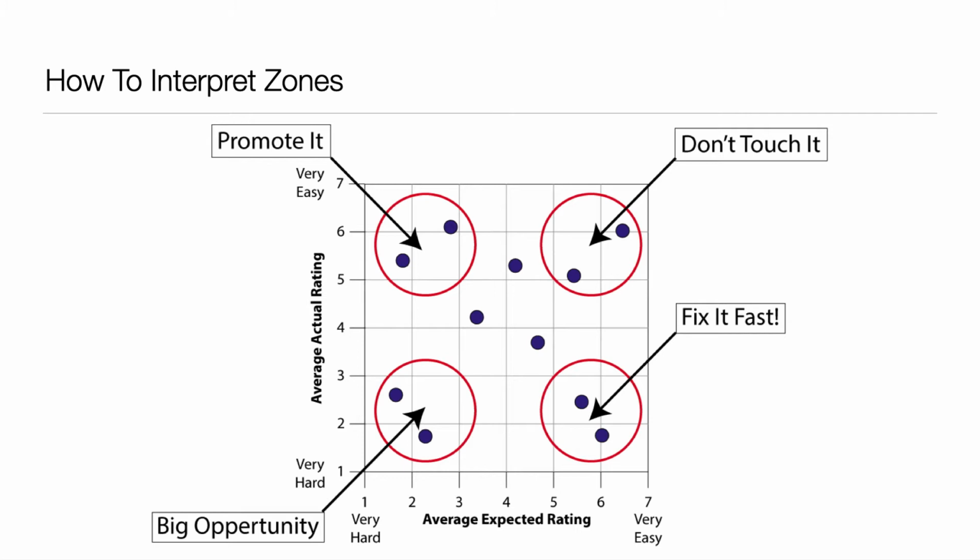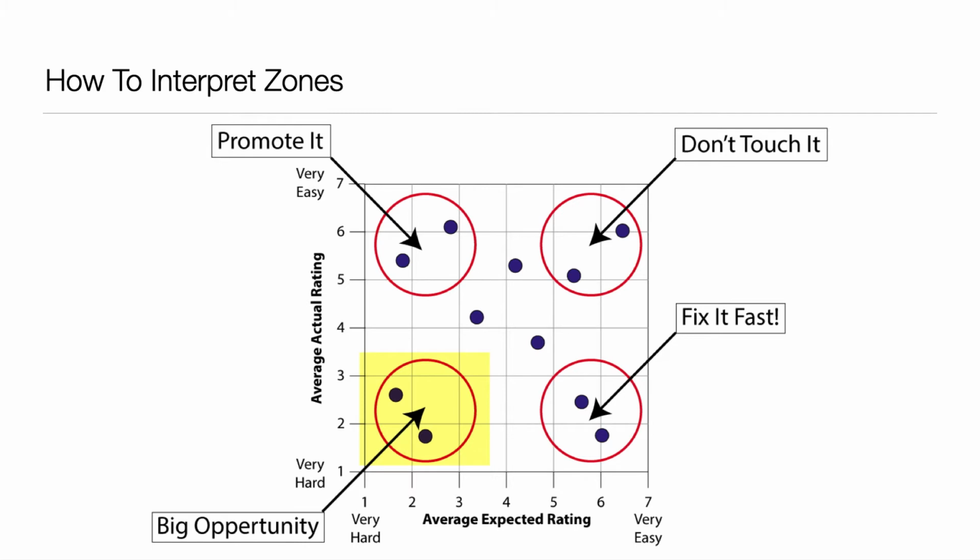You see here that when we think it's going to be very hard, but actually it's very easy, this is something that you want to promote because we've made this hard thing really great. If they thought it was going to be hard and it was very hard, this is a big opportunity for you to actually improve this, because it's what they think.